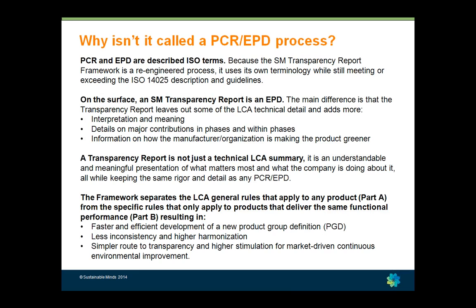And as I have mentioned a little bit earlier, a Sustainable Mines Transparency Report is an EPD, at least superficially. The main difference is the Transparency Report leaves out some of the LCA technical details and adds more interpretation, meaning more details on the major contributors to environmental burdens, as well as information about what the manufacturers are doing to improve it.